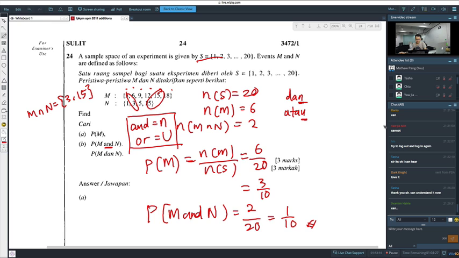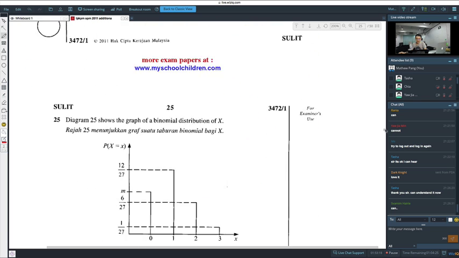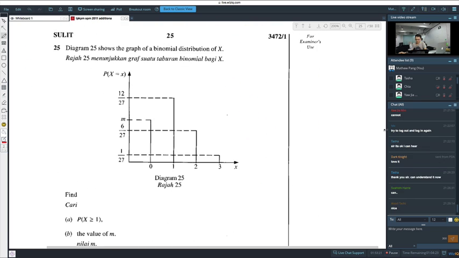Okay. Let's move on to the last question. Diagram 25 shows the graph of the binomial distribution. Find the probability that x is bigger or equal to 1. Alright, first thing is you have to understand the values over here are probabilities.